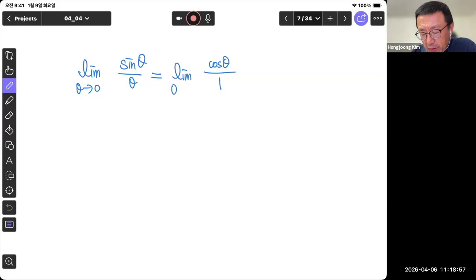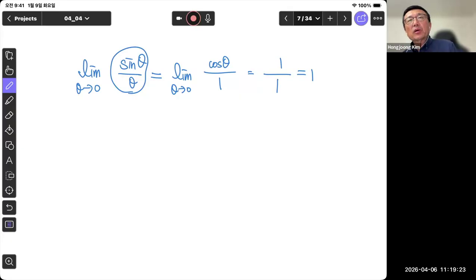And then you let theta go to 0. As theta goes to 0, the value of cosine theta is cosine 0, which is 1. The denominator is already 1. So we get the value 1 as the limit of sine theta over theta as theta goes to 0. That was the formula we used the other day. I could prove that using simple geometry, but I can check it using L'Hopital's rule.